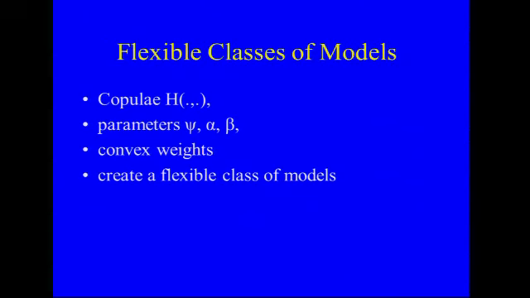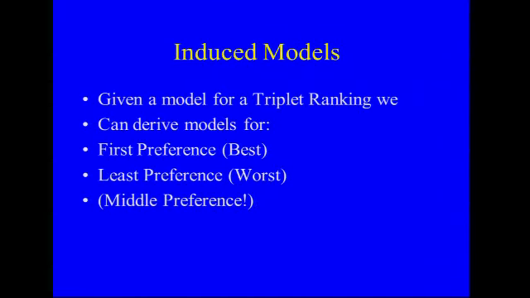So we've got a flexible class of models: parameters psi, alpha, and beta, the copula H itself, and convex weights if we followed that previous idea. And one further thing is, given a model for a triplet ranking, we can derive models for first preference, least preference, or even the middle one, if we were interested.